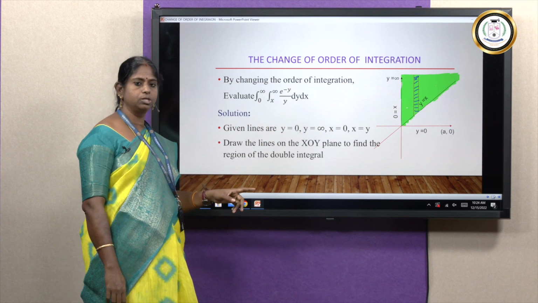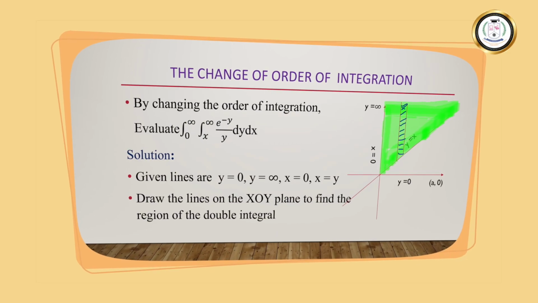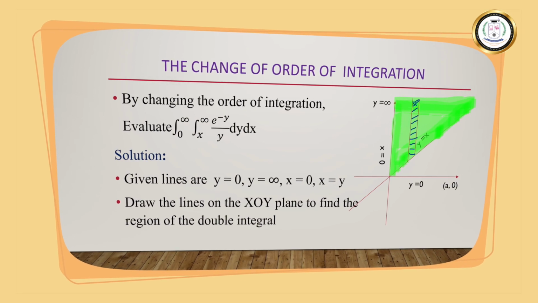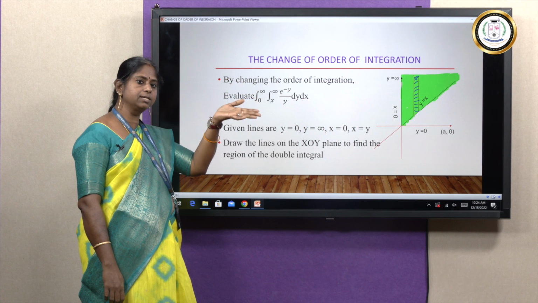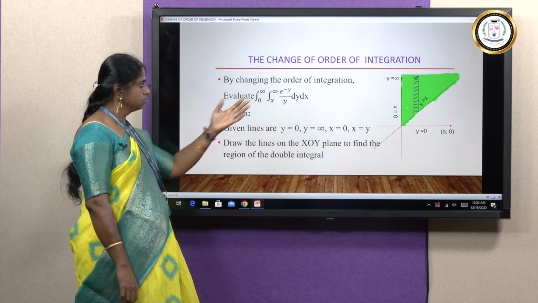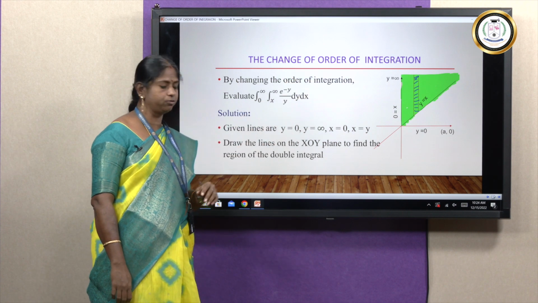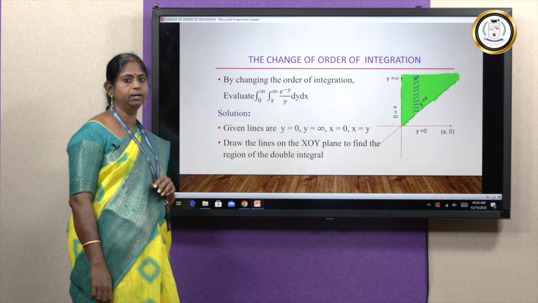Then y equal to 0, that is nothing but your x axis. Then x is equal to 0 is your y axis. Y equal to infinity, so your y axis is extended till infinity. Okay, it never ends. So now I have shaded the portion, this is the portion where we are going to integrate, right?